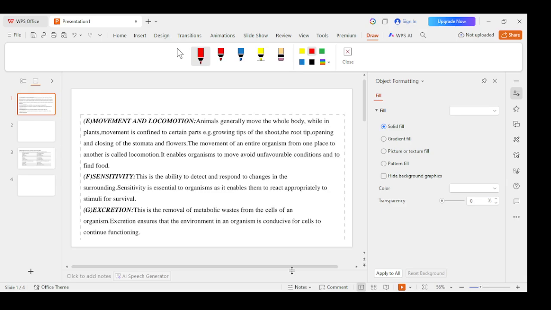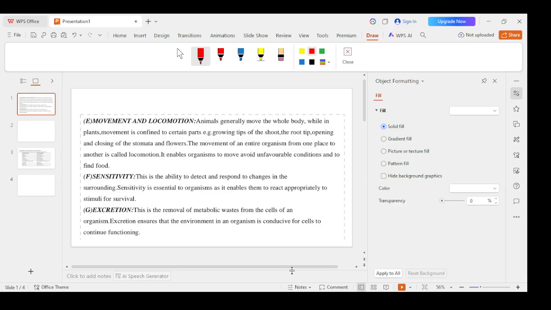For example, what happens if you are cooking, the pot is hot, and you touch the pot? You react to it quickly and release. It's because you have the ability to detect and respond to the surroundings.